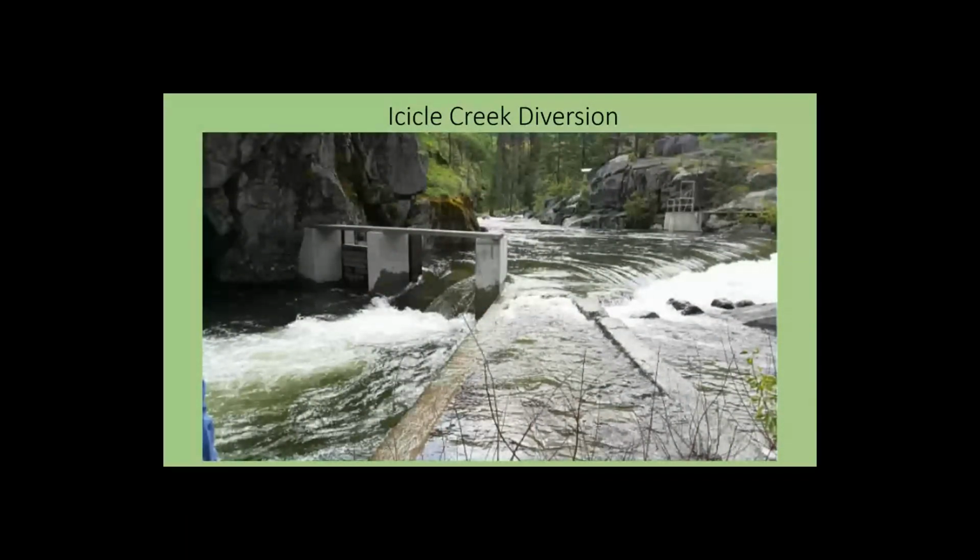Yeah, great. Thanks, Dave. On the Icicle diversion, obviously this is taking a pretty high flow. We are looking up Icicle Creek, which is coming towards us. It goes river right, or off to the left here, into the canal, and it goes river left, or to our right, into Icicle Creek.